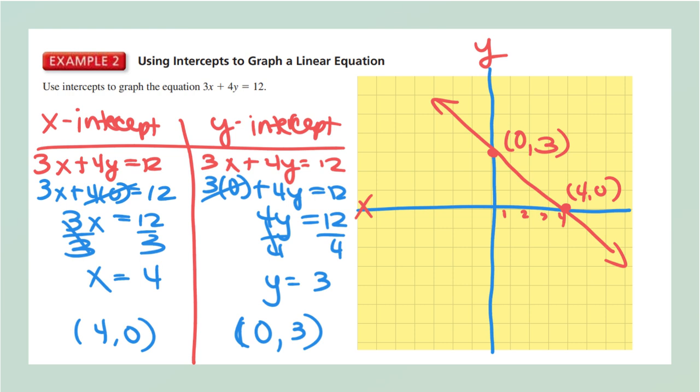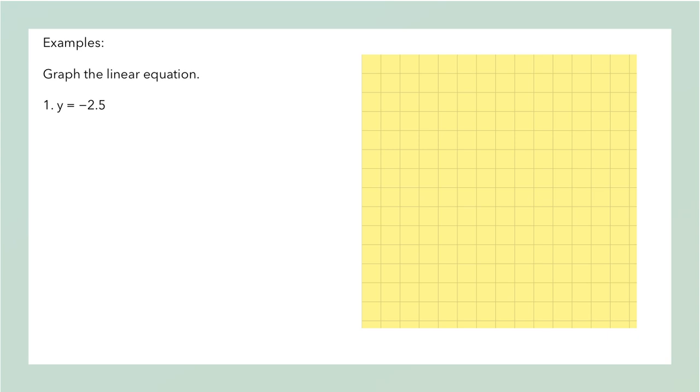Okay, let's go on to the next one. Here it says graph the linear equation. What do I do here? What is it telling me? y equals negative 2.5.